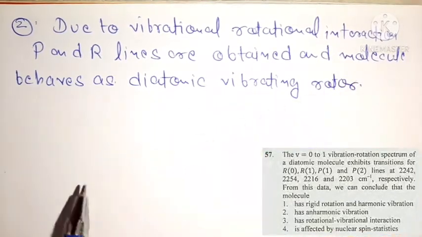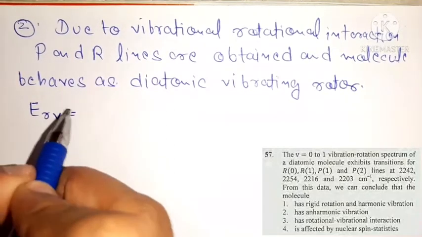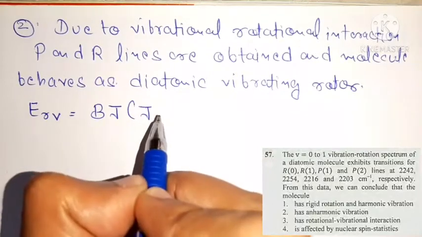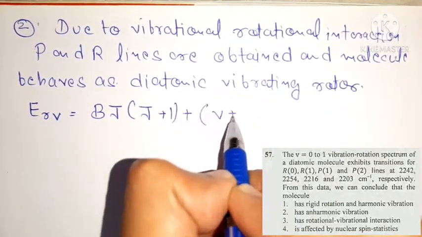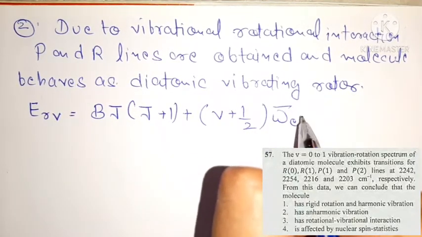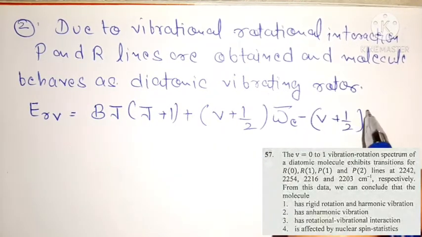And the energy of this diatomic vibrating rotor will be given by the formula B into J(J plus 1) plus (V plus half) omega E minus (V plus half) square omega E Xe.